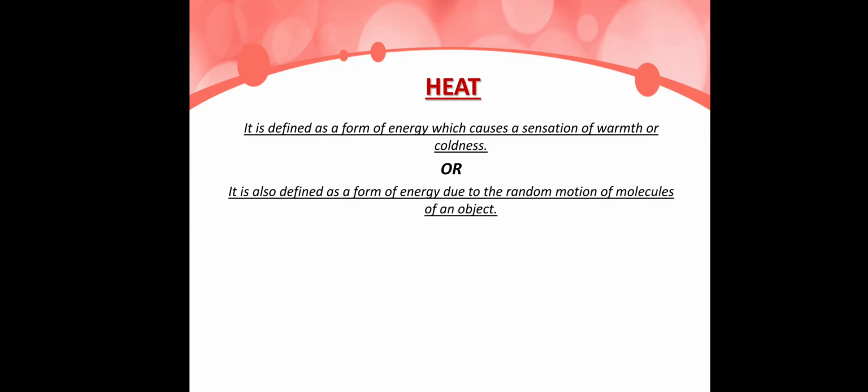What is heat? Heat is defined as a form of energy which causes a sensation of warmth or coldness, right? We can feel cold or hot because of the heat energy. Or we can say it is a form of energy due to the random motion of molecules of an object.